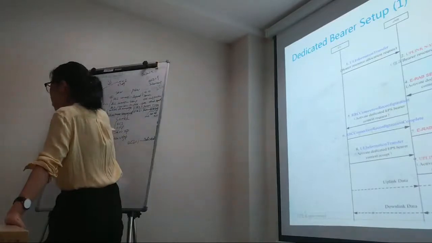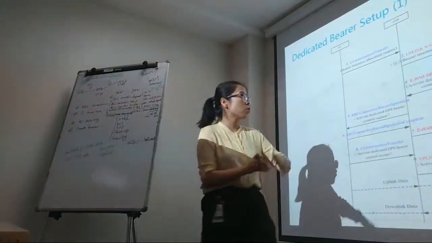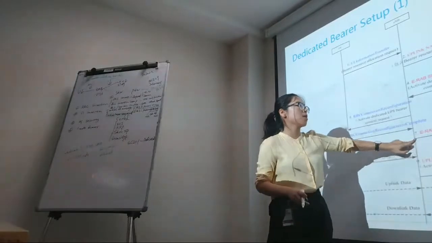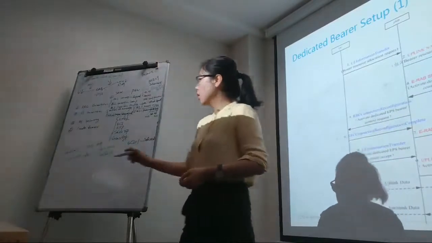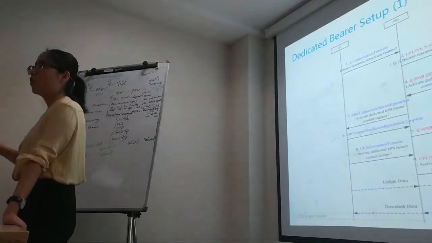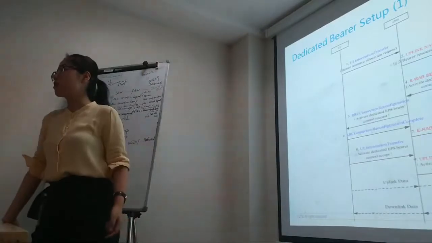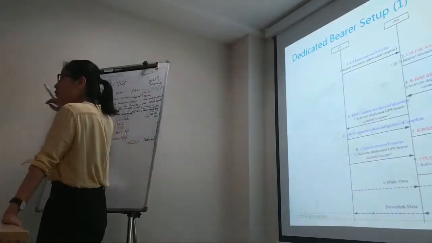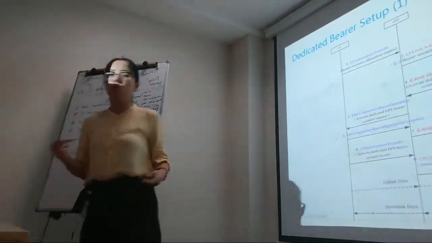If we don't consider only the initial, we consider all, so you should also consider this one: how many E-RAB setup requests I receive and how many E-RAB setup responses I transmit. These two relate to the E-RAB. We have two methods to create an E-RAB bearer: one is by the initial context setup, and one is by the E-RAB setup request. So if you only consider the initial, just consider these two signals. If you consider the total E-RAB, you need to consider these two.